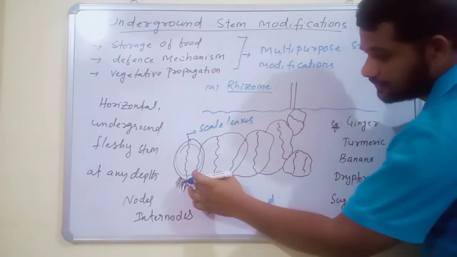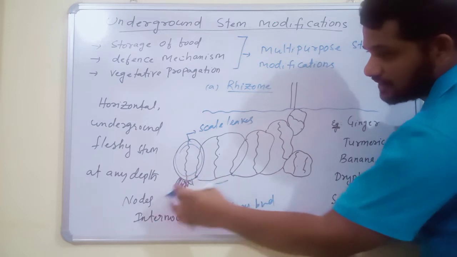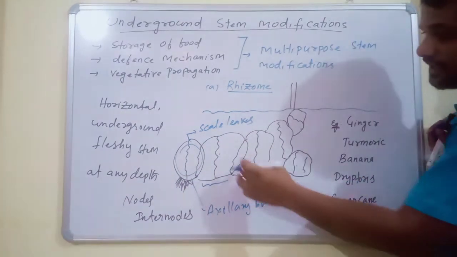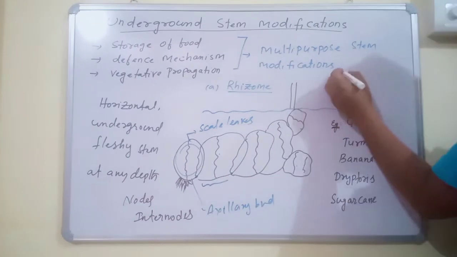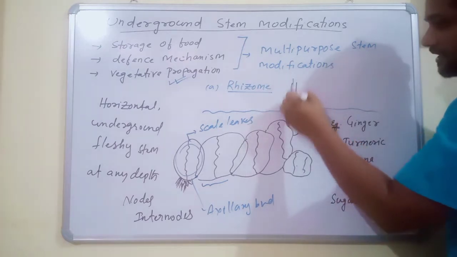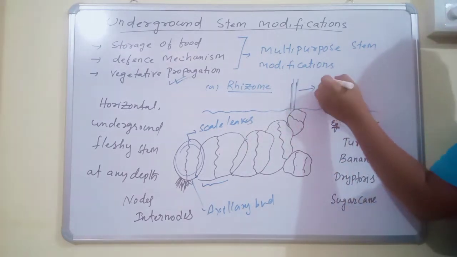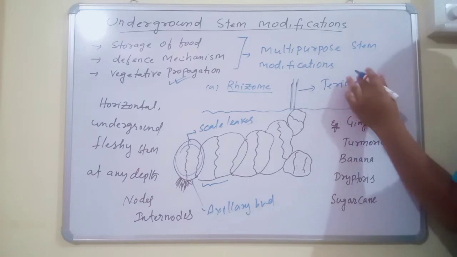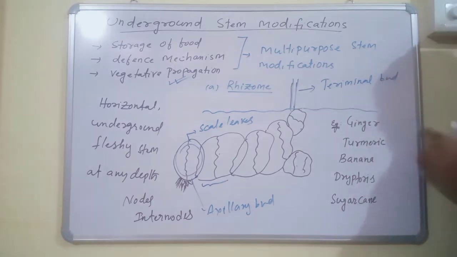So this is a node and these are the internodes. Nodes and internodes are present. The nodes bear scale leaves and axillary buds, and these axillary buds usually take part in vegetative propagation. And this is the aerial branch, and the aerial branch is usually produced by the terminal bud, or terminal bud is also called apical bud.